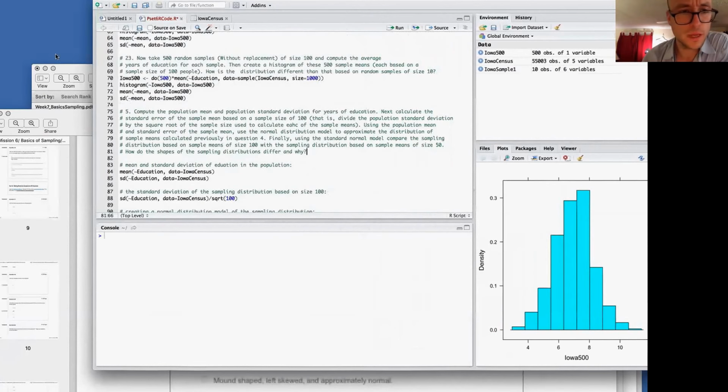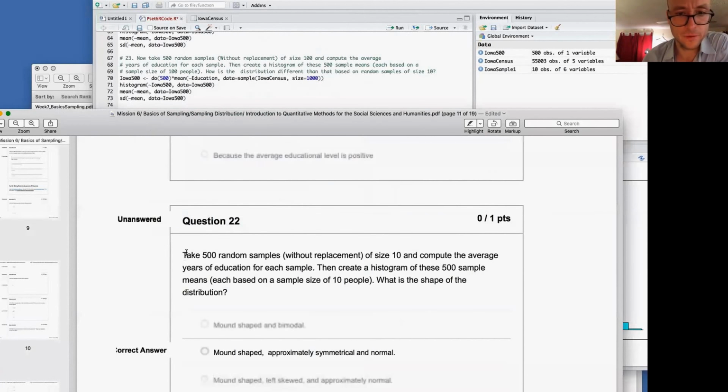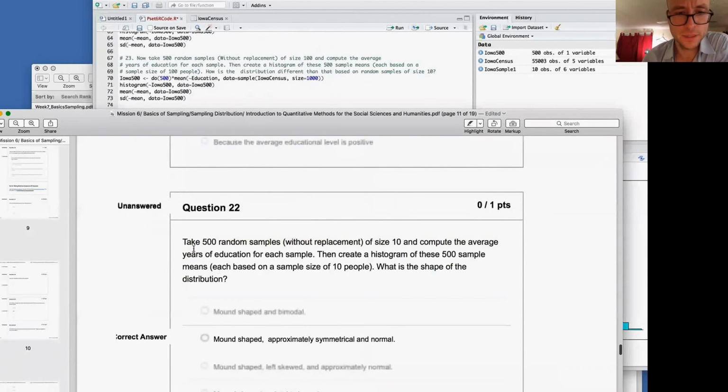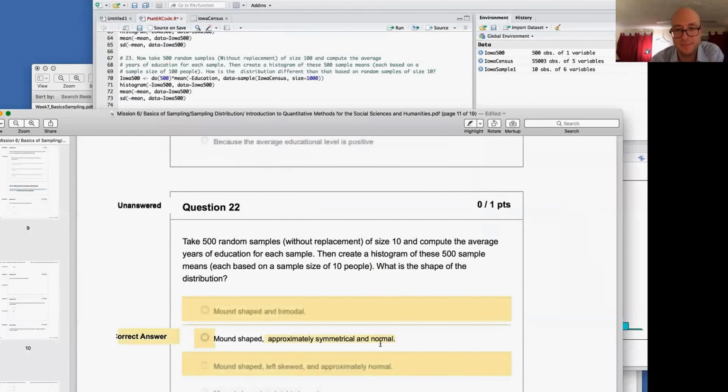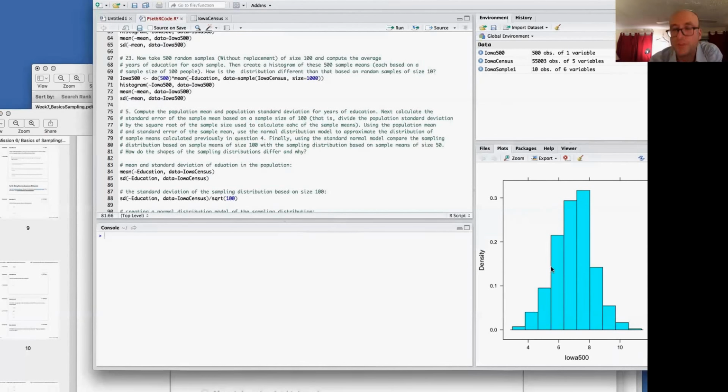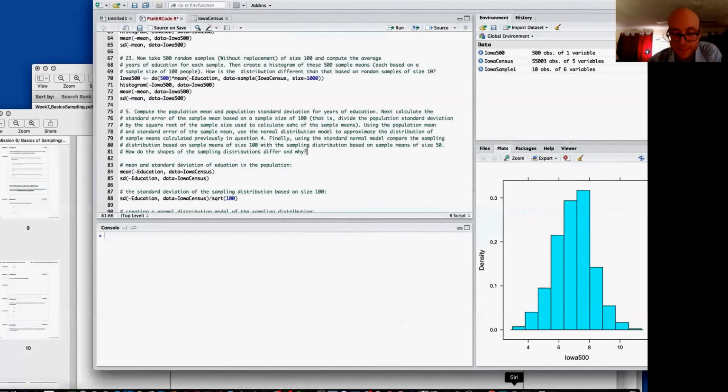Well, I want to go back to the actual question here. If we take 500 samples and calculate this, what is the shape of this distribution? It's a bell curve, mound-shaped, you could say. Mound-shaped, just think of a bell curve, approximately symmetrical and normal. When we say normal, think of bell curve. Normal does not mean typical.